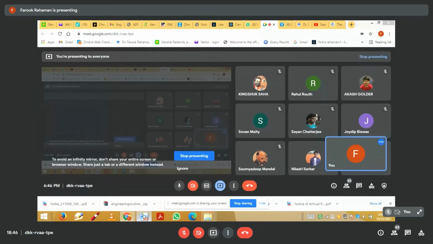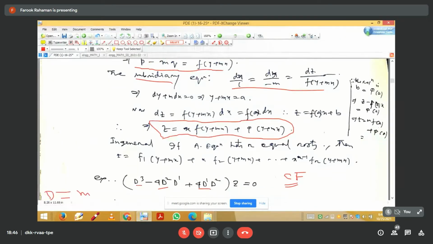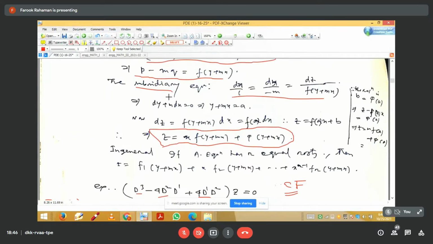Okay, no problem. Now, if we have two equal roots, the solution is like this: x into something plus another function of y plus mx.